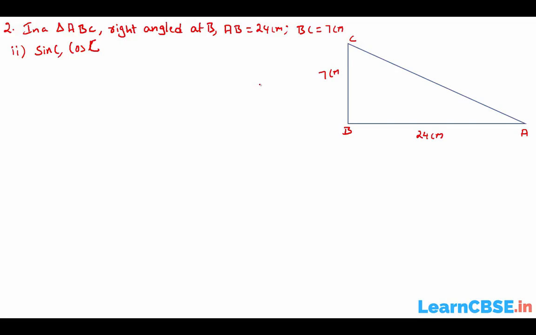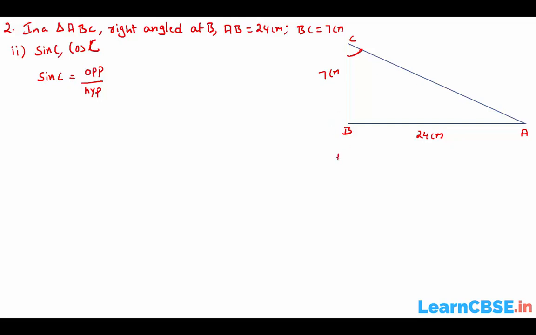We need to find sin C and cos C. Take sin C. What is the ratio of sin C? Opposite side by hypotenuse. So see, now we have the opposite side of C, but we are missing the hypotenuse. So we have to find the hypotenuse first.